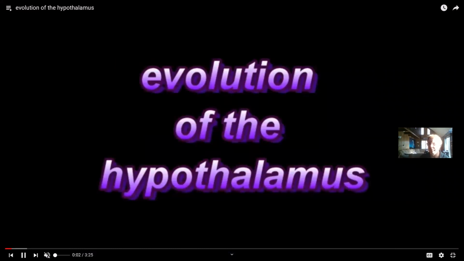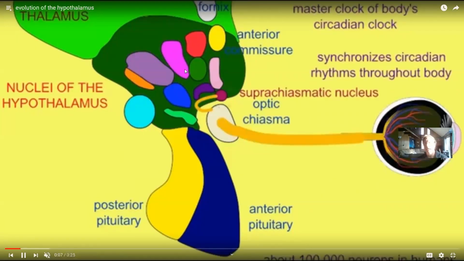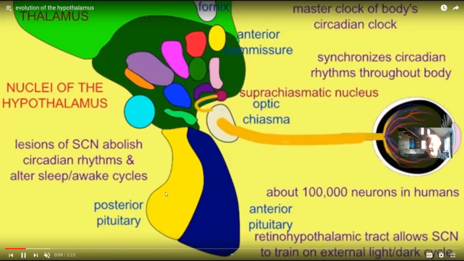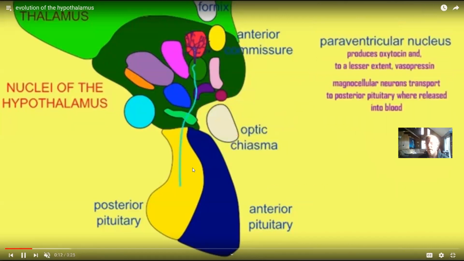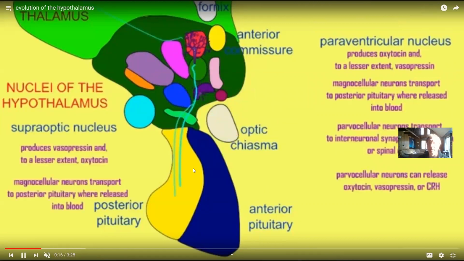Before I get there, if you were interested in the evolution of this, it's kind of like the thalamus, where the hypothalamus goes back to the first vertebrates, right? So here we have the hypothalamus controlling so many things. This would include gender-specific behavior, thermoregulation, the ability to produce milk.